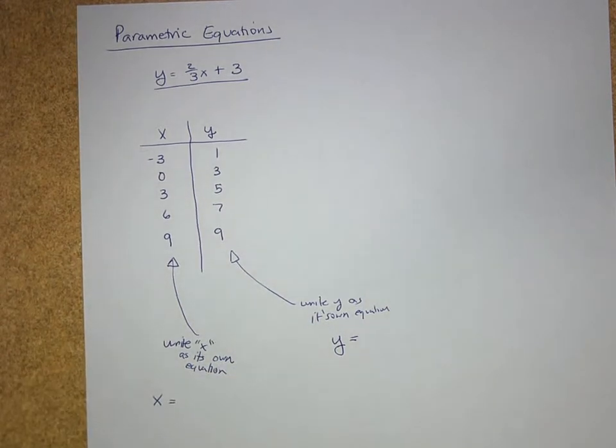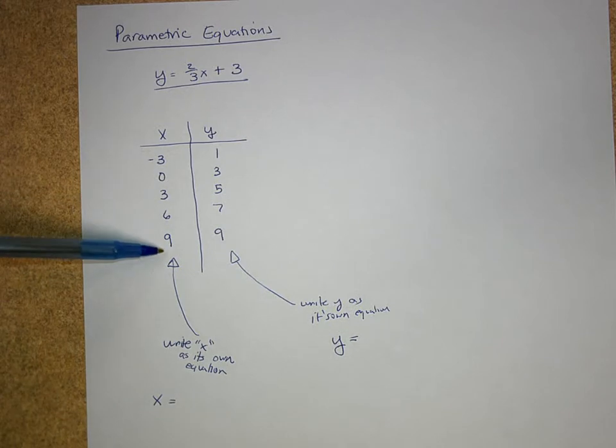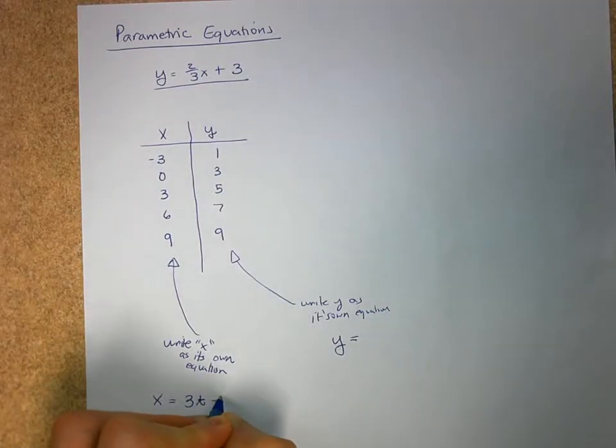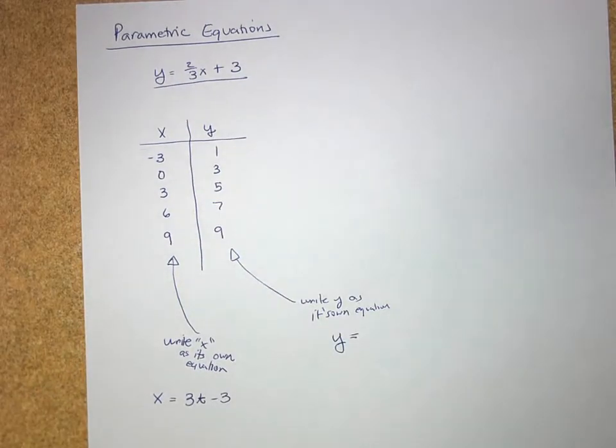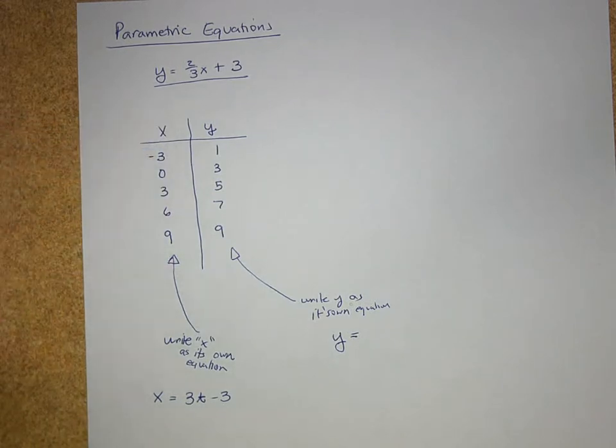So as I mentioned, we're going to add another variable called time, which is going to be t. So can I come up with a relationship for time here? And the answer is yes. I could say this is 3t minus 3. That's one way that I could represent this x equation.